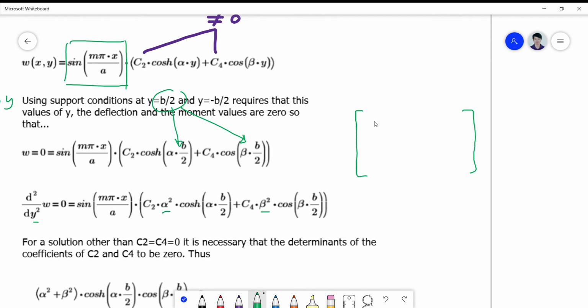So I will write cos of alpha b over 2, and then cos of beta b over 2.